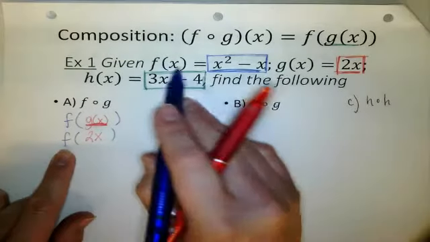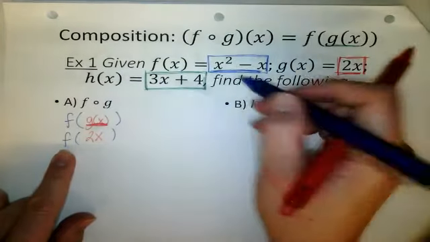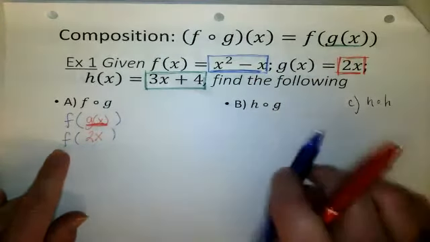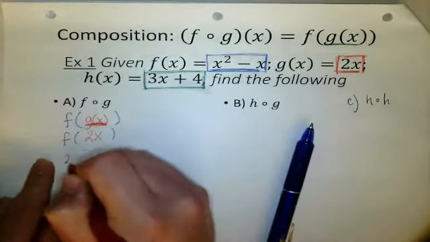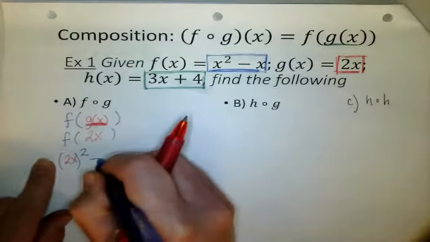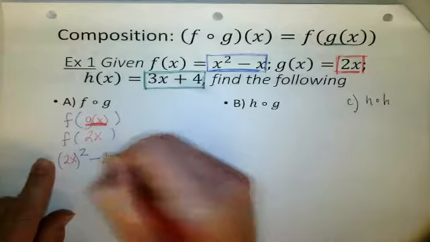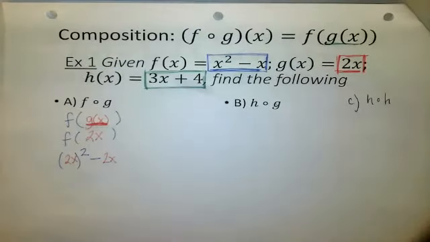But I'm not using X's anymore. What am I going to use instead of an X? So what should I write for my function? 2X being squared minus, what am I replacing X with? 2X. You see what I'm doing there?